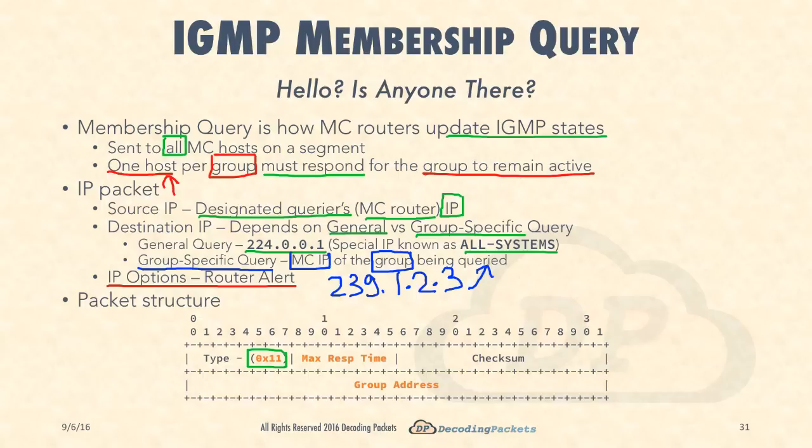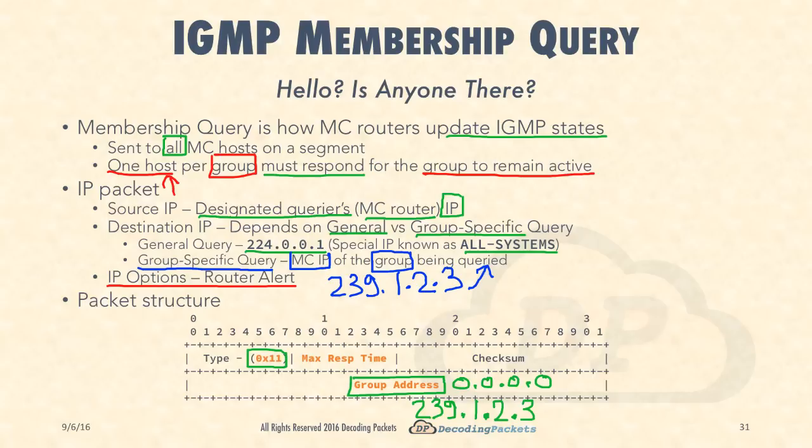I'll skip some of this to go to the group address. The group address may be left empty or 0.0.0.0 for a general query because we just want to query everybody, or it may be something like 239.1.2.3 for group specific queries. It depends what that group address is, but by this time, you should be more familiar with it.